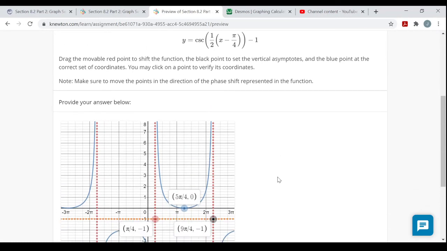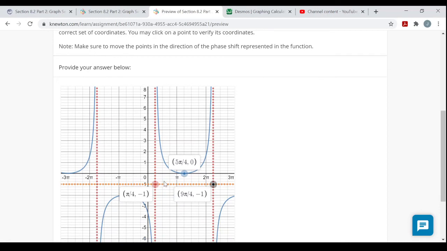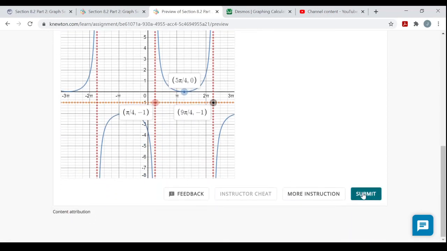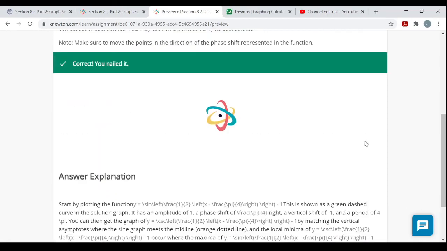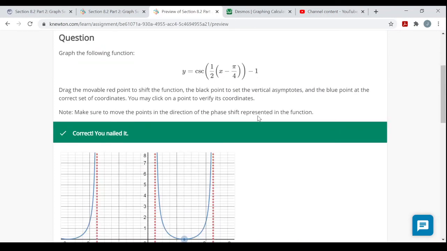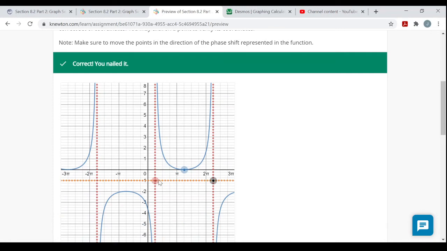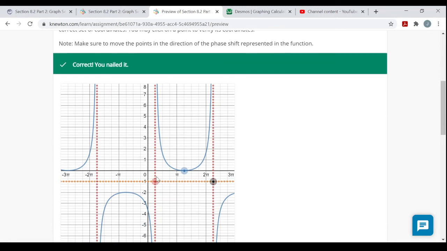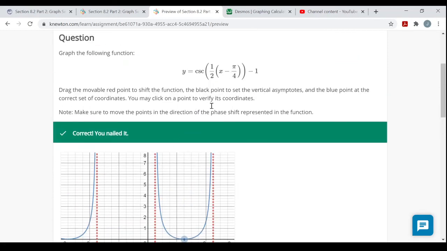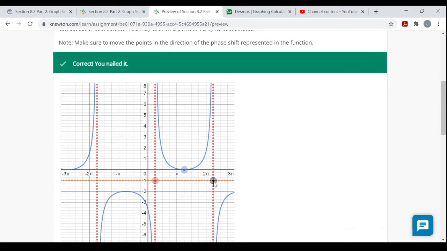So yeah, cosecant. This should work out. Again, you can draw it by hand. I'd recommend drawing it by hand, but pay attention to how they want things. This red represents where the midline is. And they want you to put it where the phase shift takes you, so pi over 4, and make sure the distance between asymptotes is half the period.